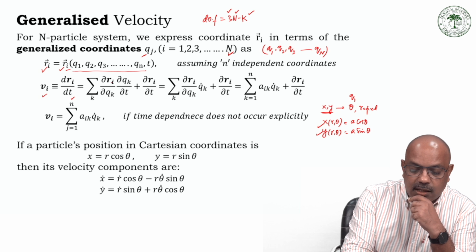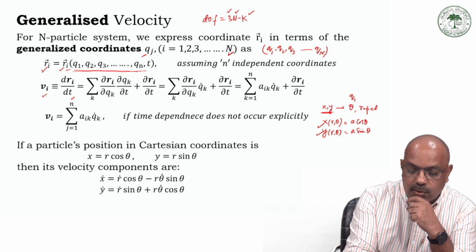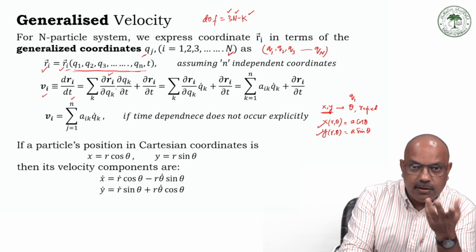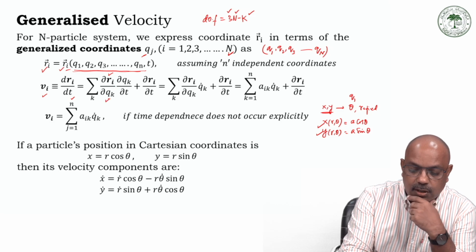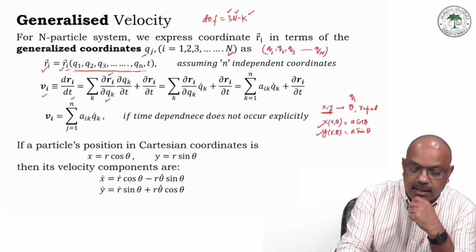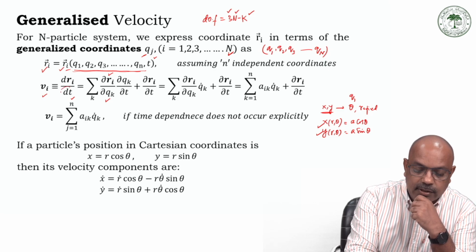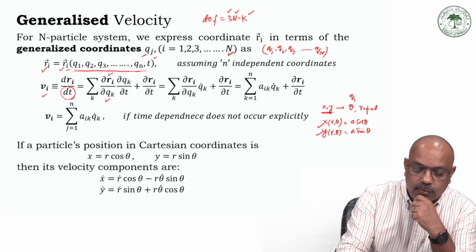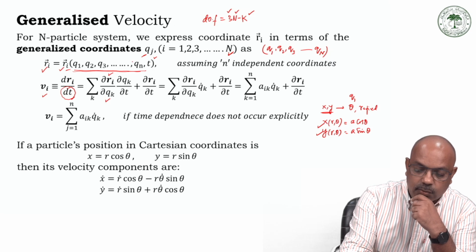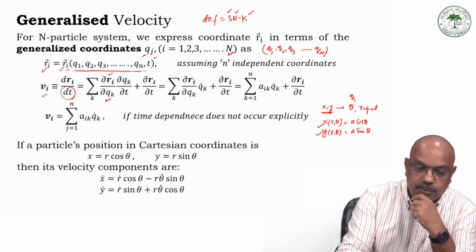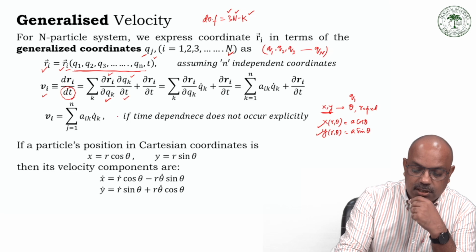Because r depends upon q, the partial differentiation of r with respect to q, and it probably depends upon time t. Because I'm differentiating with respect to t, r depends first on q and then t, so r with respect to q, and then q with respect to t, and then r with respect to t.